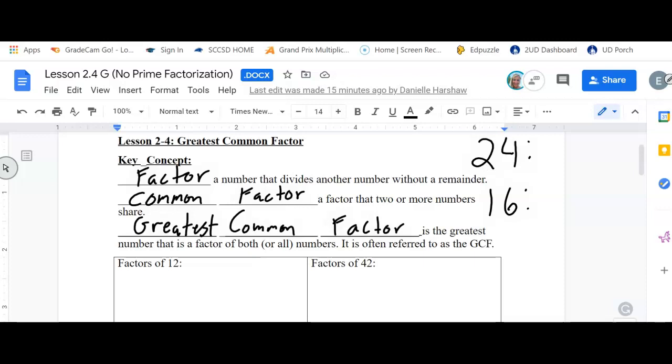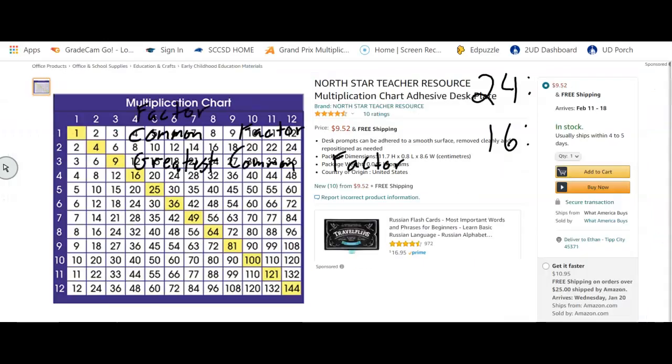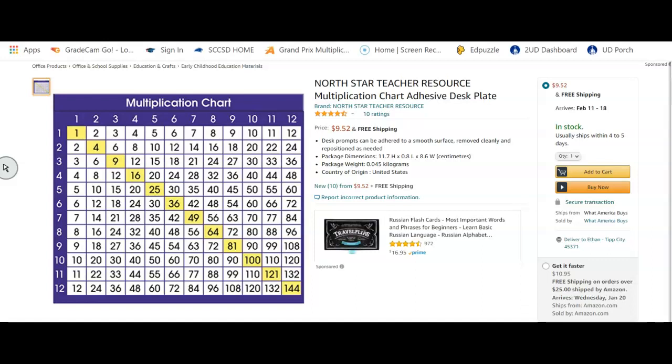24 and 16. I'm looking for the factors of 24. I can go to my multiplication chart. I'm going to start at 1. Is 1 going to be a factor of 24? Yes. 1 will be a factor of every single number. 1 times what gives me 24?